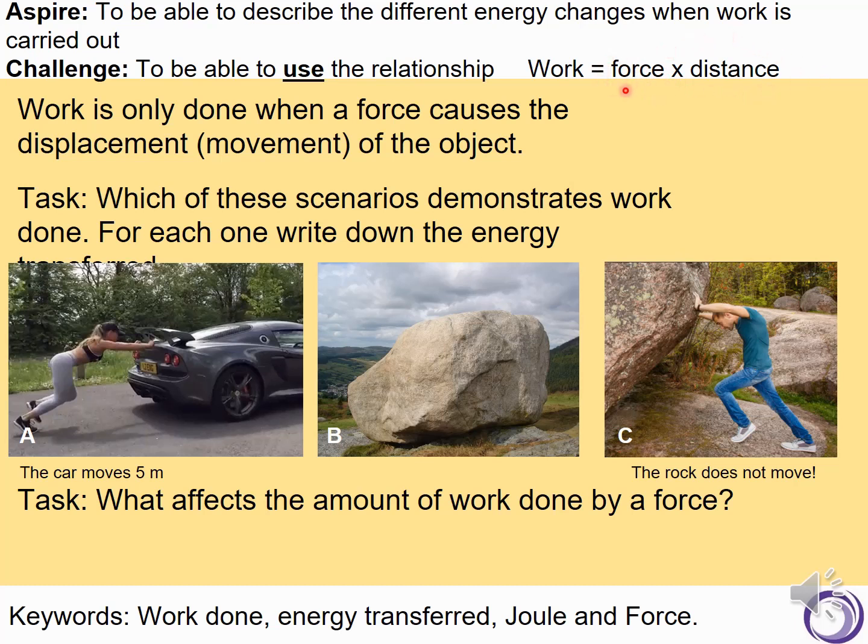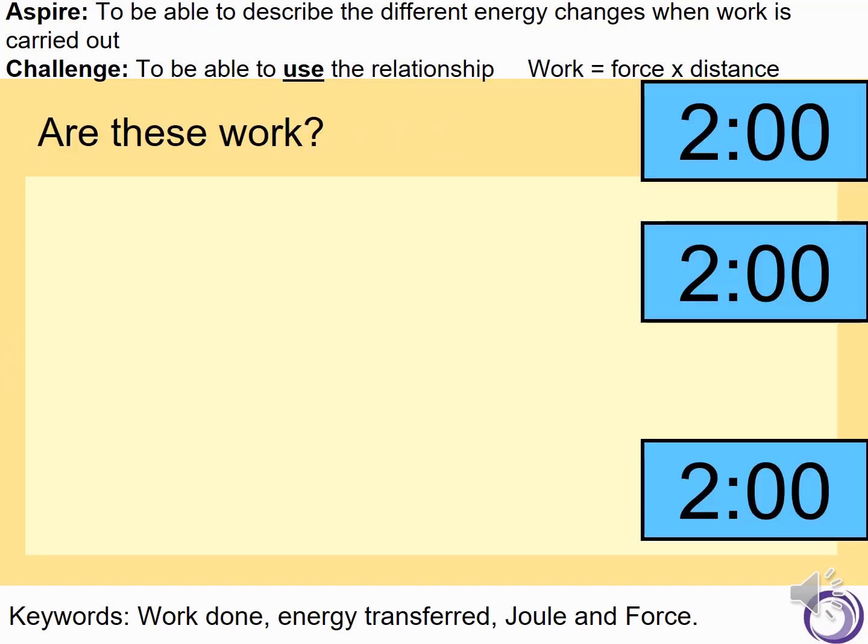Or we could put a larger force through the same distance, for example. And all of those would increase the amount of work. Now, I hope that has helped clarify, because you've listened, exactly what is happening in each of these diagrams without writing an awful lot. Let's keep moving on.